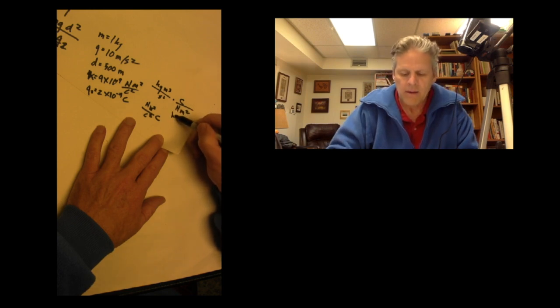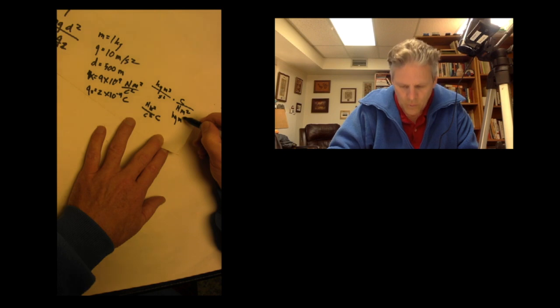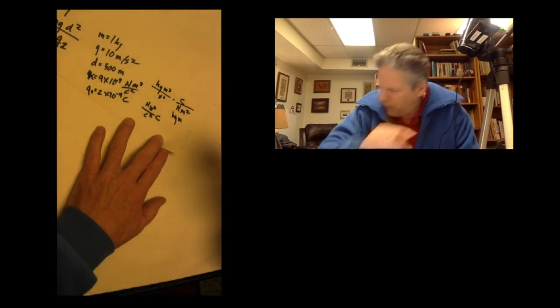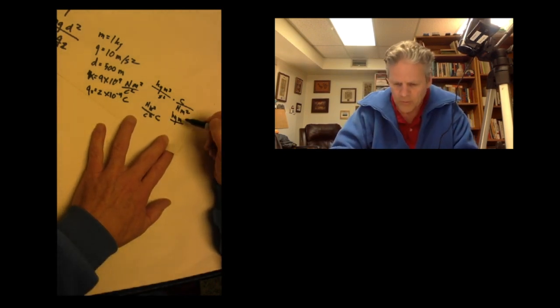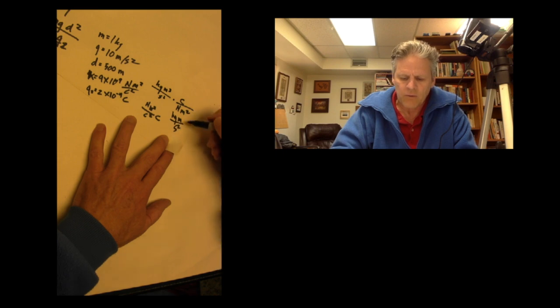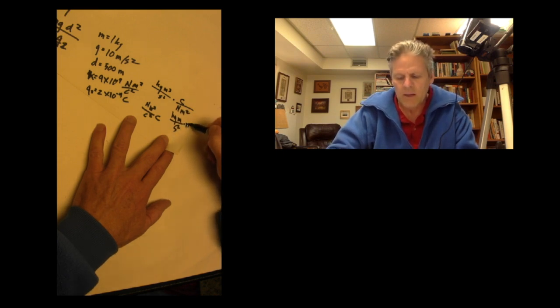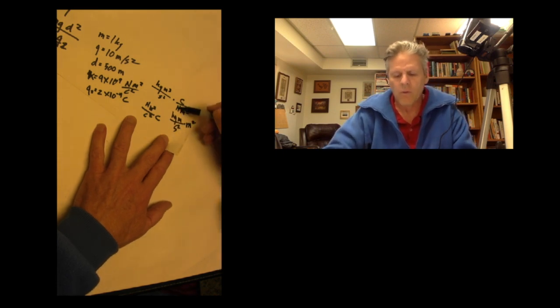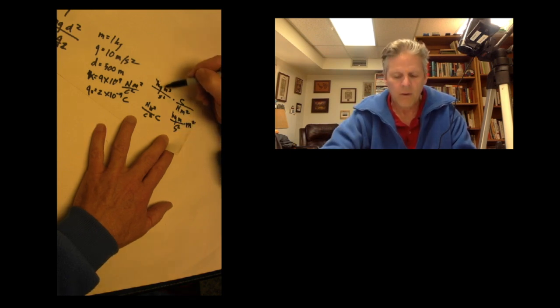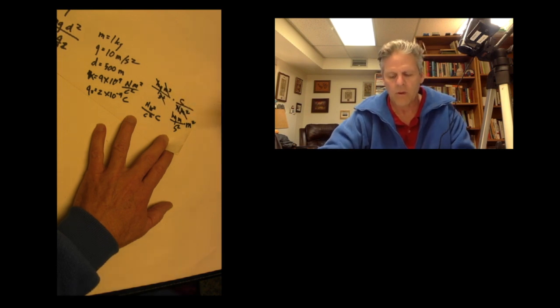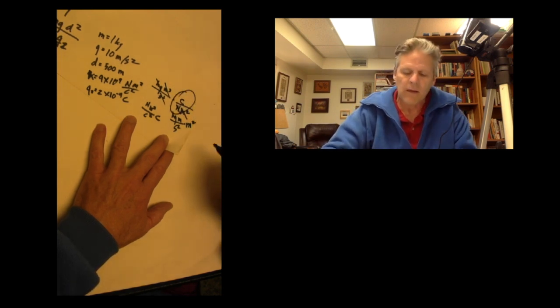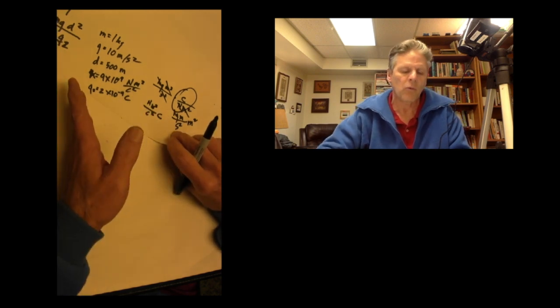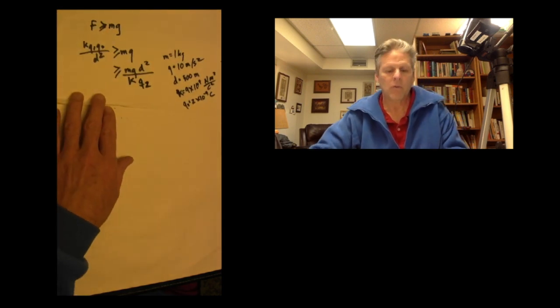Well, that is kilogram meters per second squared, but it's times meter squared. So what I have down here is kilogram meters cubed per second squared. They all cancel with newton meters squared, and the only thing I'm left with is coulomb. So I'm confident my equation is right.